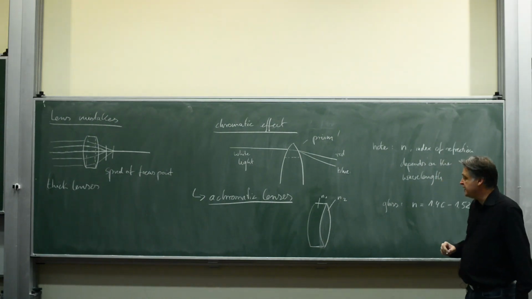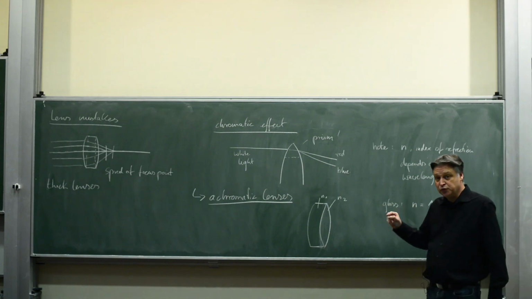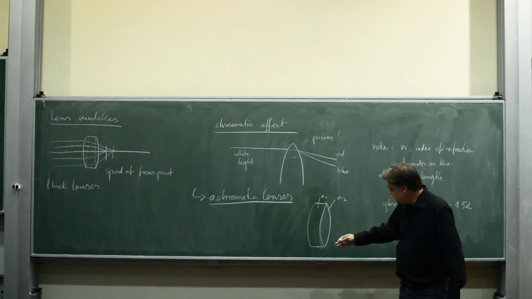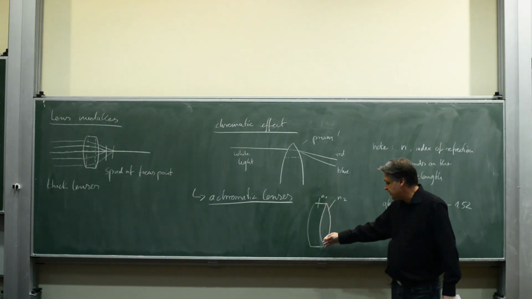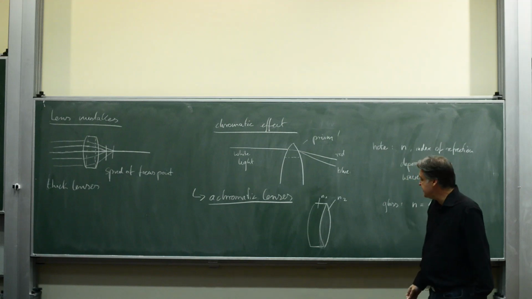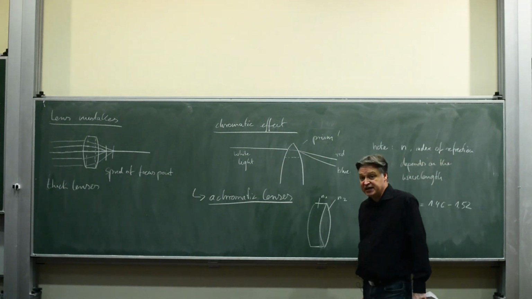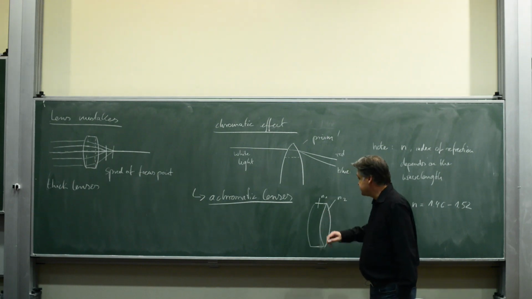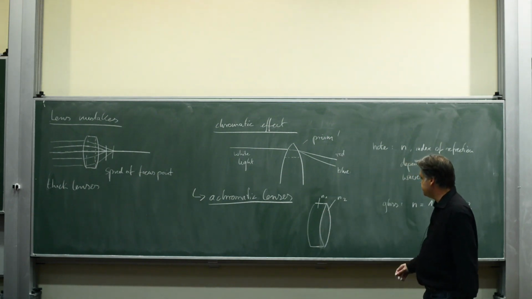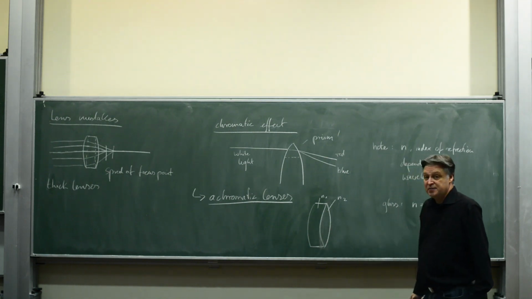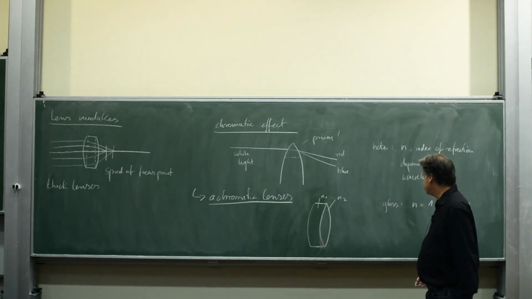And now we can actually combine two glass bodies and glue them together with a perfectly calculated slope, curvature of the boundary in between, and we can perfectly compensate for these chromatic effects. So the mistake created by the first lens is perfectly compensated by the other lens.